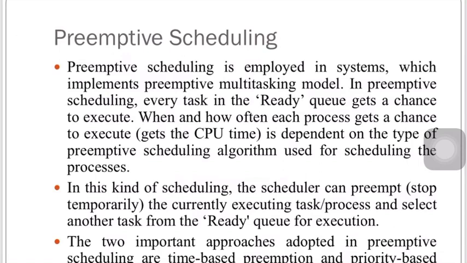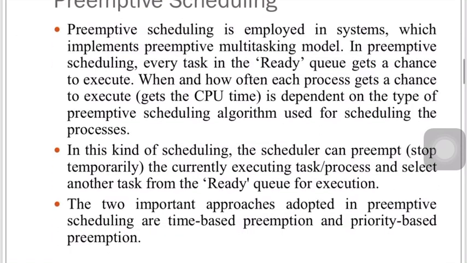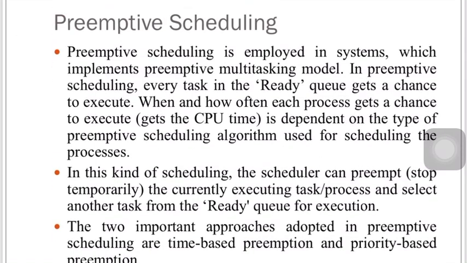So in preemptive scheduling, we can use a scheduling algorithm and schedule the particular processes or threads. The opposite is non-preemptive, where we will not be able to schedule these threads in the same way. In preemptive scheduling, every task in the ready queue will get a chance to execute, and that does not happen in non-preemptive scheduling.